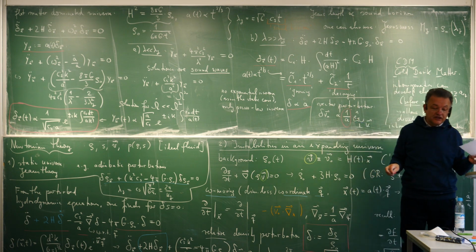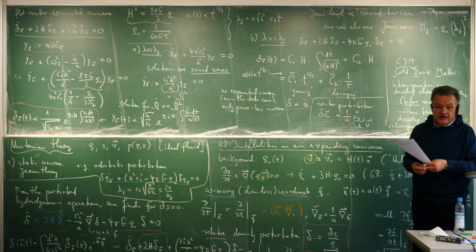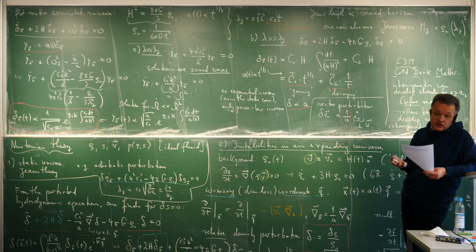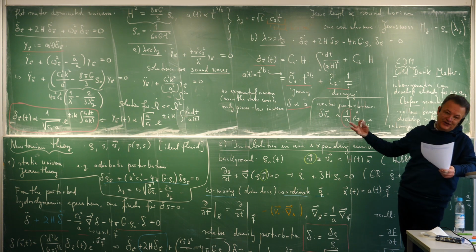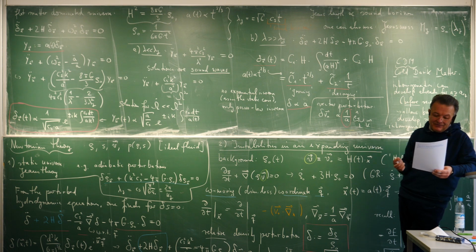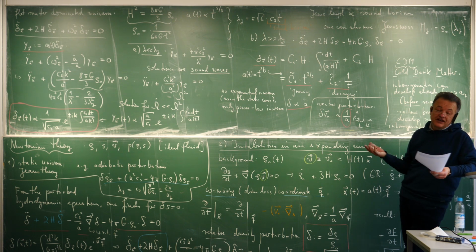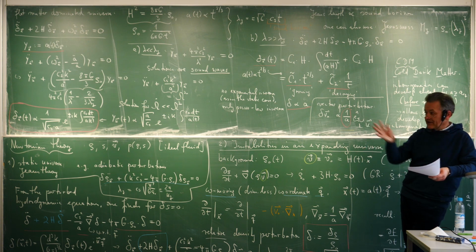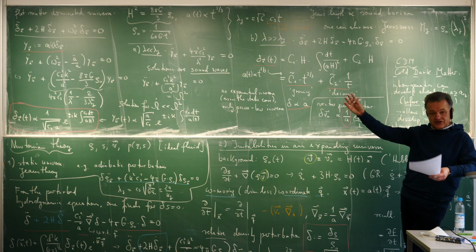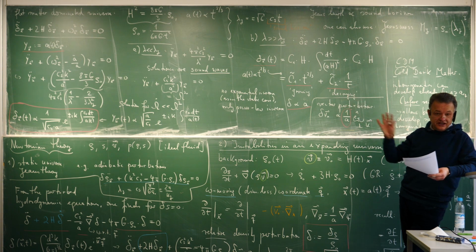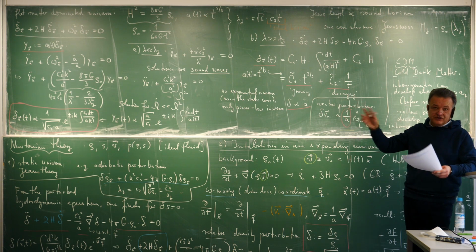This means that they will not be relevant. They would only be relevant if initially you had very big ones. But if you initially had very big ones, that would be in conflict with the isotropy of the universe, because if you have a certain velocity perturbation, this gives you a distinguished direction, which we don't see.